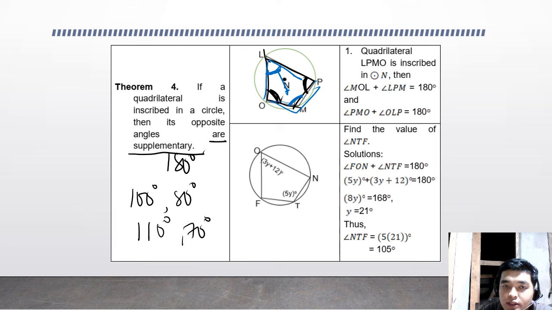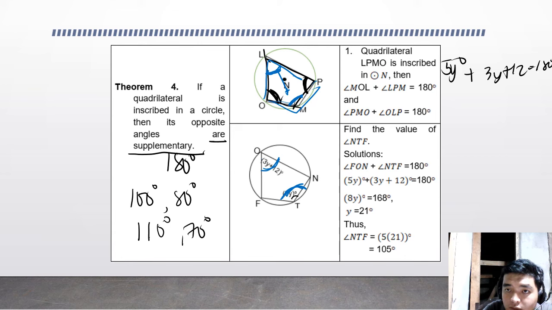For example, this is a quadrilateral. We have angle FON and angle NTF, which are opposite angles. So if we add this angle plus this angle, the sum is 180 degrees. To find y, that is 5y degrees for this angle: 5y plus 3y plus 12 is equal to 180 degrees.